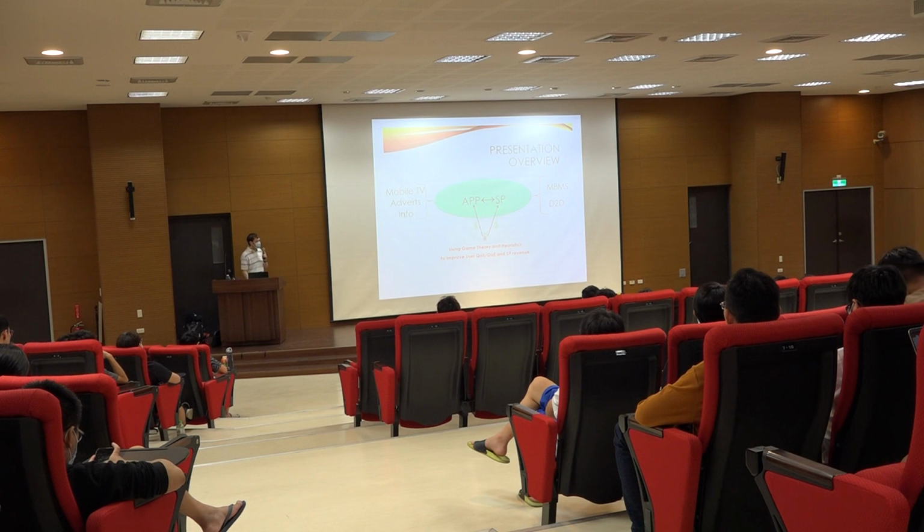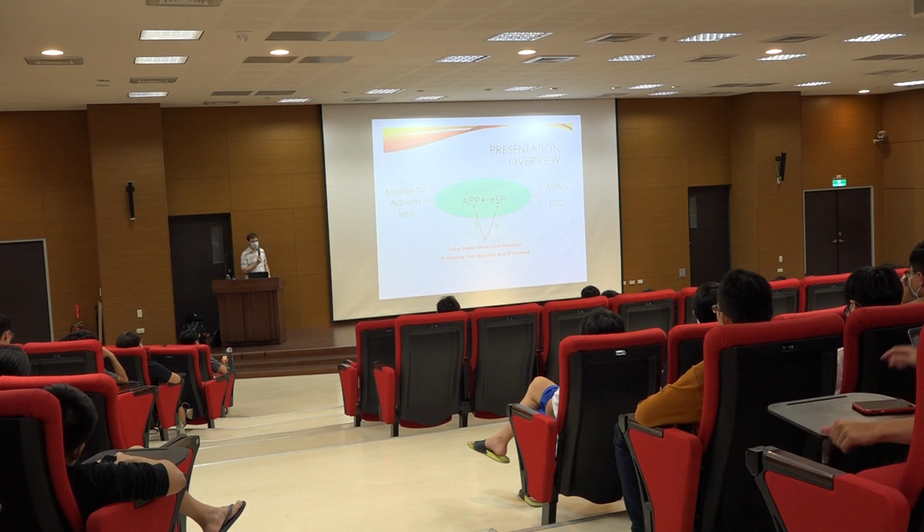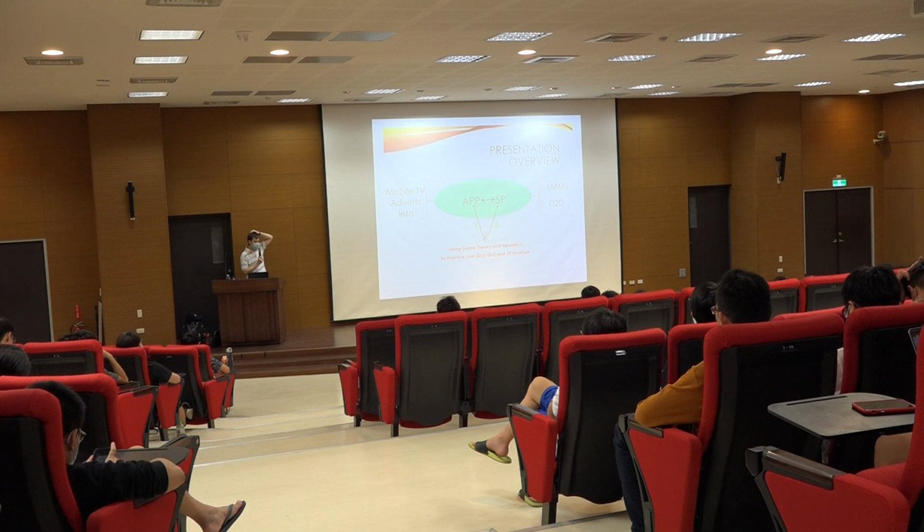So we can use game theory to analyze how we can achieve two different goals: not just how we can help the service provider earn money, but also how we can improve the quality of service or quality of experience of the end user, which ends up improving the service provider's revenue. If you've read enough research, you may hear MNO, mobile network operator. It's the same concept. We call it service provider here because it's easier to say than MNO.